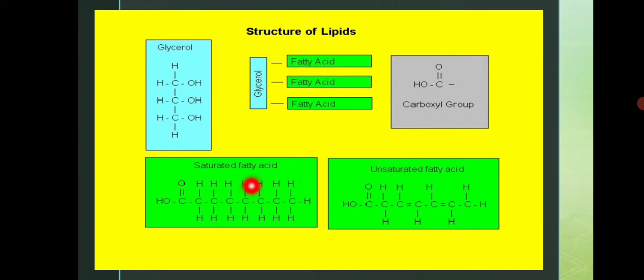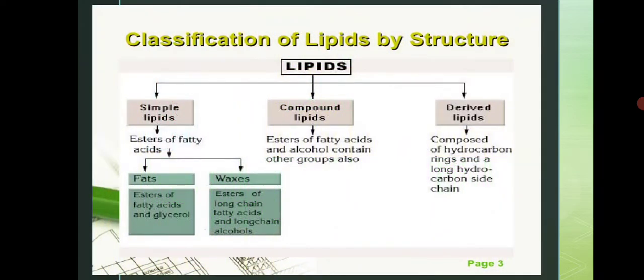Then next are saturated fatty acids and unsaturated fatty acids, which we will see in our next moment. हम अभी देखेंगे ये कि actually what are these. So these are the examples or structures of lipids.